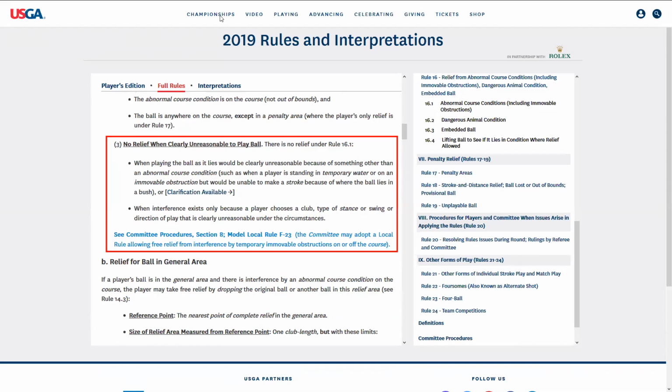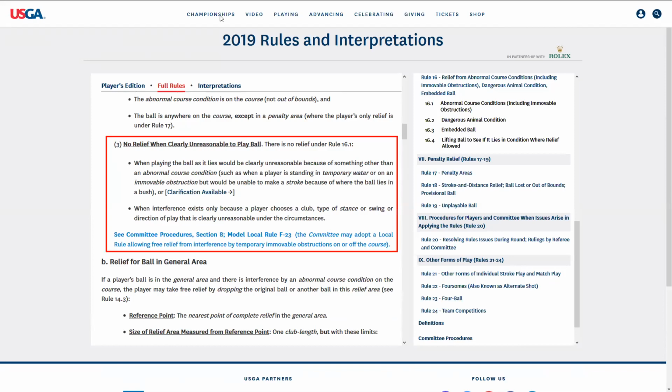Or the second bullet point, when interference exists only because a player chooses a club, stance, swing, or direction of play that's clearly unreasonable. That's a continuation of the old rules. Those are always in there.